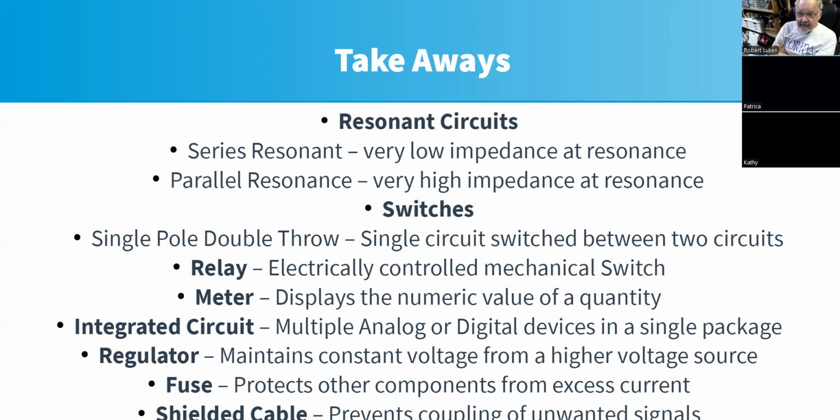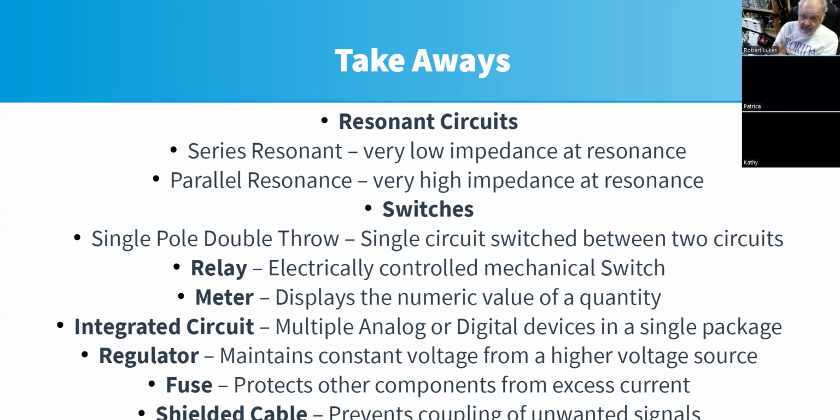If you apply a DC voltage to either of these, in the case of the series resonant circuit, it's going to appear as a very high impedance, essentially an open circuit, because the DC is not going to travel through that series capacitor.